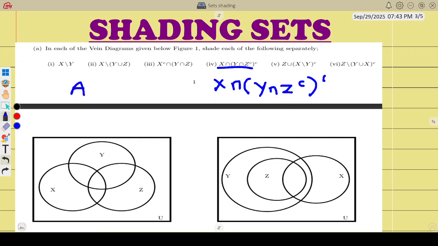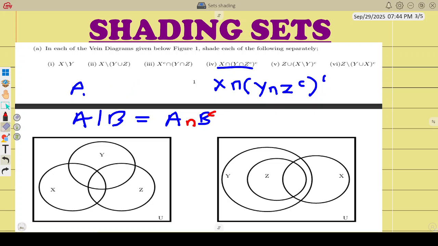Like I explained previously, when you see, for example, a minus b, you know this simply means a slash b, and a slash b simply means you write a, this slash, which is also the minus, it can change, it becomes intersection, and then you see this b is going to have a complement.